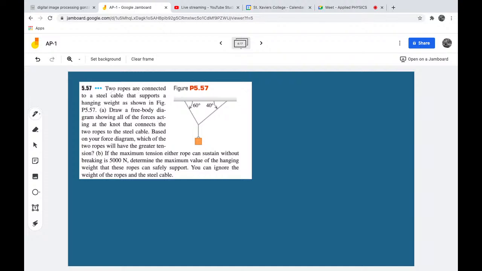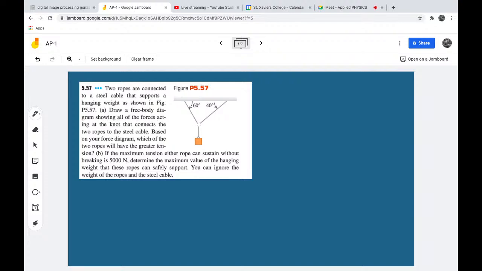Two ropes are connected to a steel cable that supports a hanging weight as shown in the figure. So you have this support, you have two steel cables, and you have a block. Draw a free body diagram showing all the forces acting on the knot. The knot is here.